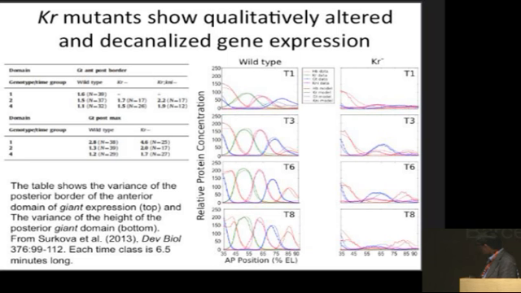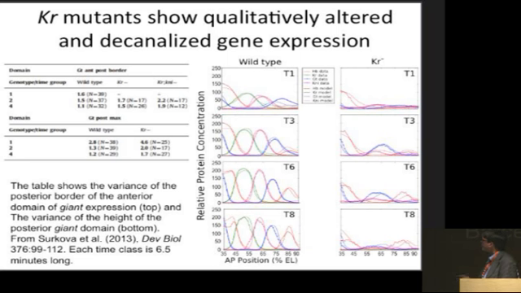Okay, this posterior gap domain, which has moved more anterior than it is in wild type, and Kruppel has gone down almost to 0. This posterior gap domain is decanalized.